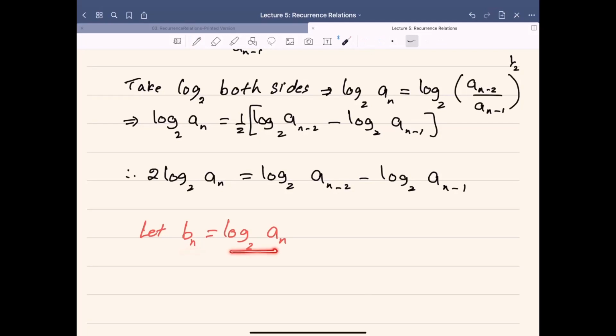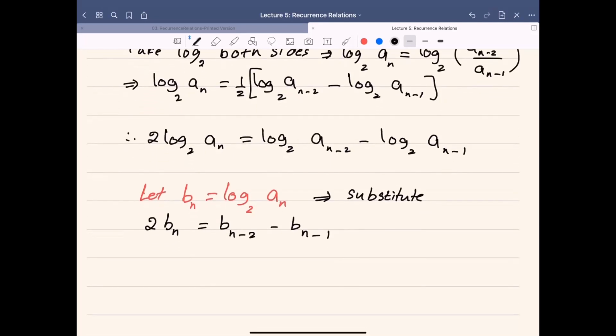It will be log 2 a_{n-1}, which is this one. What is b_{n-2}? It is log 2 a_{n-2}, which is this one. So substitute. We will get 2 b_n equal to b_{n-2} minus b_{n-1}.